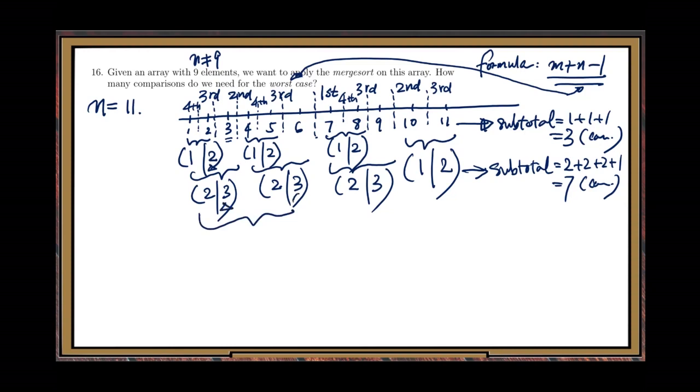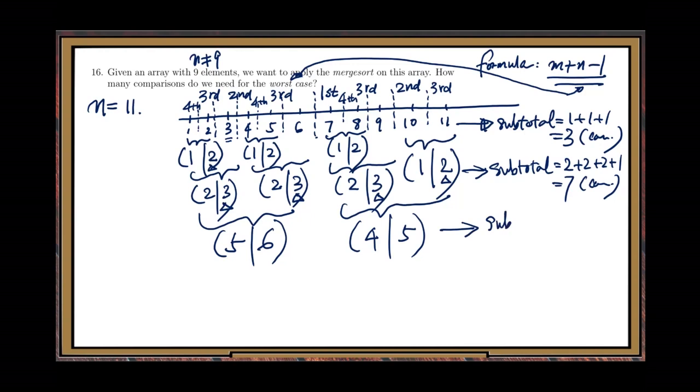This time use 3 and 3, m and n. 6 minus 1 is 5, so 5 vertical bar 6. Here, 3 and 2: 3 plus 2 is 5, minus 1 is 4, so 4 vertical bar 5. Subtotal: 5 plus 4 equals 9 comparisons.